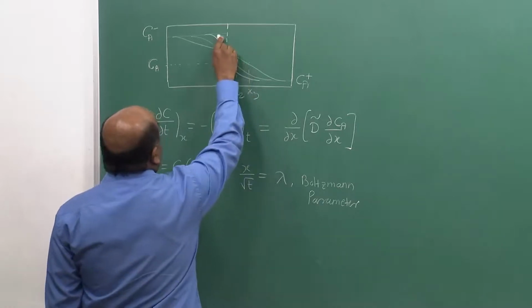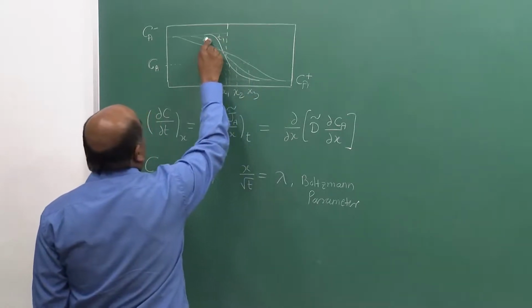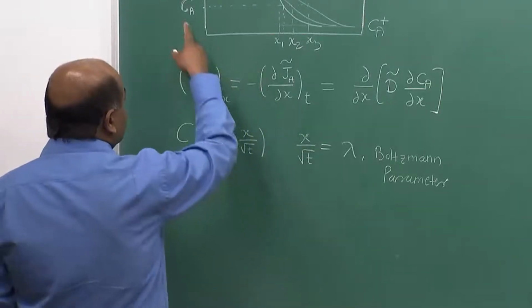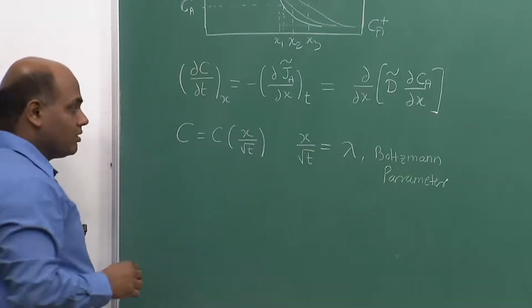The 3 times we call T1, T2 and T3. Lambda is constant for a given composition.